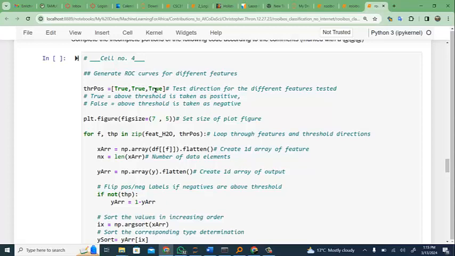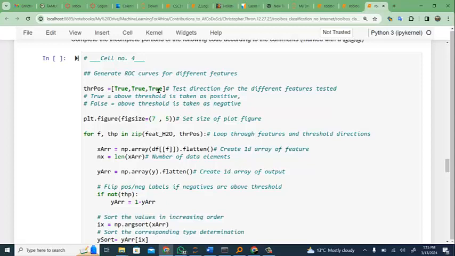Right. So this just sets the size of the figure. Now what this zip does, think as representing a zipper. You know that a zipper joins 2 things together. The zipper on your pants or a zipper on your jacket. It joins the 2 sides together. This zipper joins the features with the threshold. We do have 3 features that we've defined above, and we have 3 threshold directions.